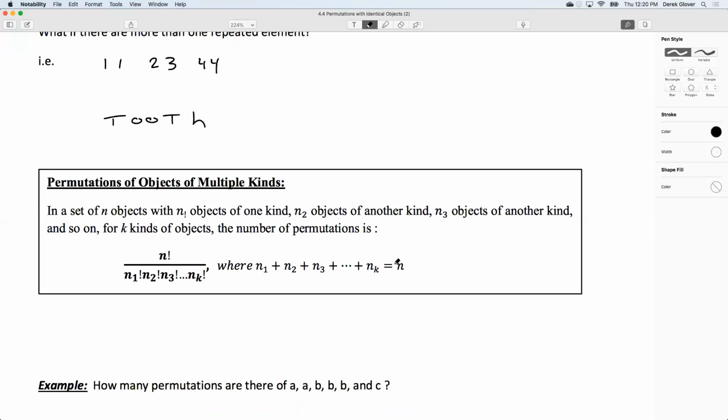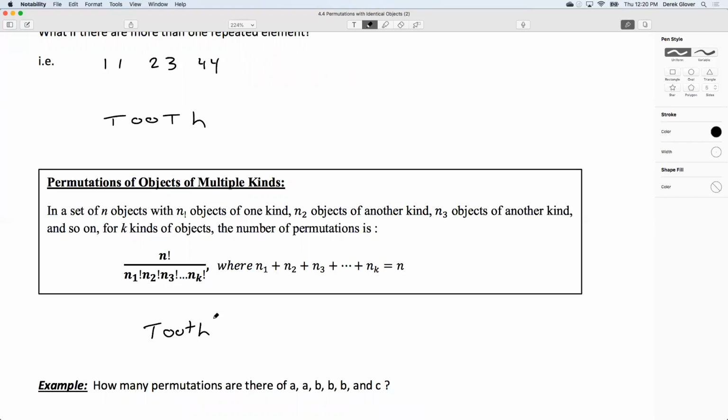So what this is saying, and it's really general, is if you've got n objects, let's say you had 5 objects, and n1 of them are one kind, so let's say you had 2 T's, and n2 of them are another kind, like 2 O's, you just take the total number for tooth.